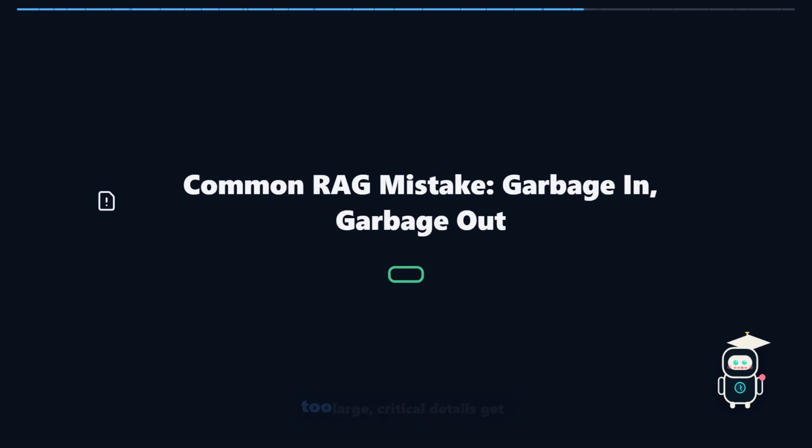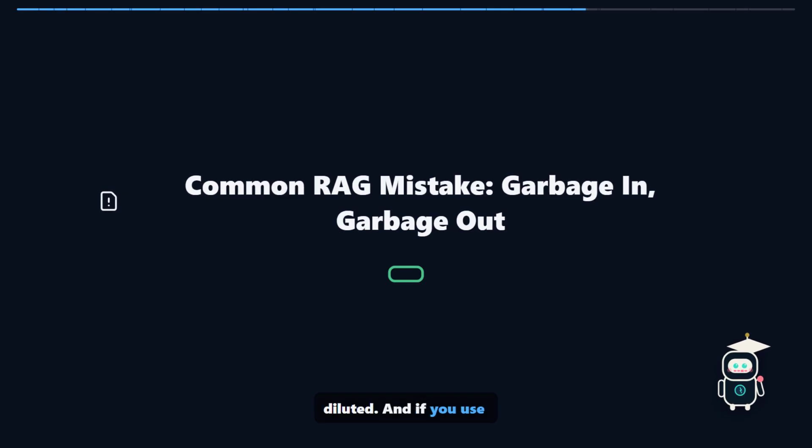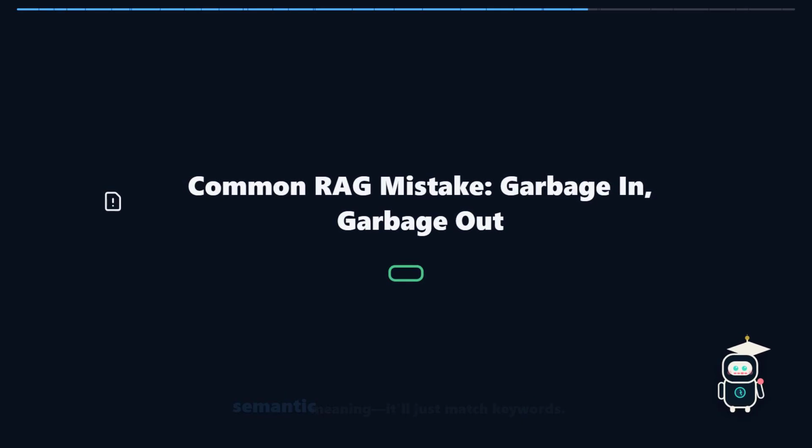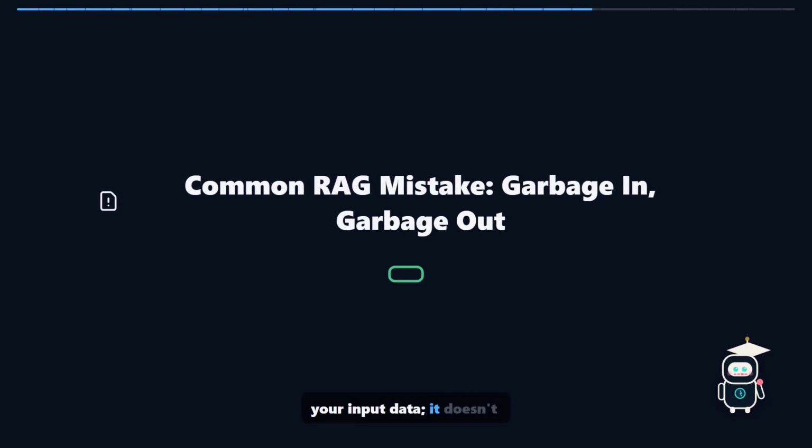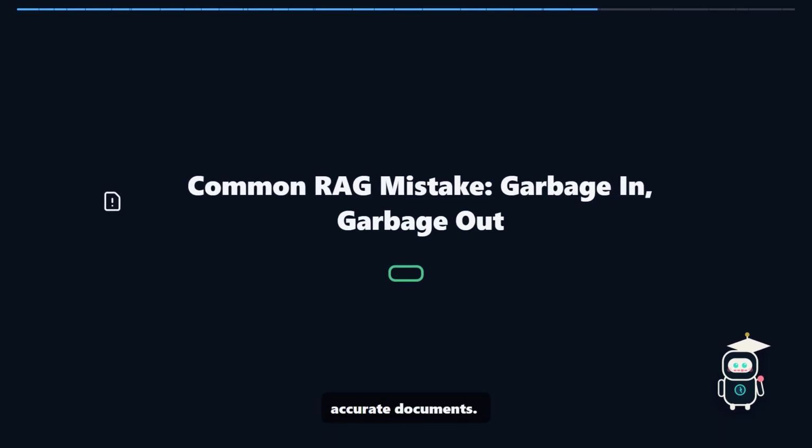If your chunks are too large, critical details get diluted. And if you use a weak embedding model, the vector search won't capture true semantic meaning. It'll just match keywords. RAG amplifies the quality of your input data. It doesn't fix it. So before you build the pipeline, invest time in curating clean, well-structured, and accurate documents.